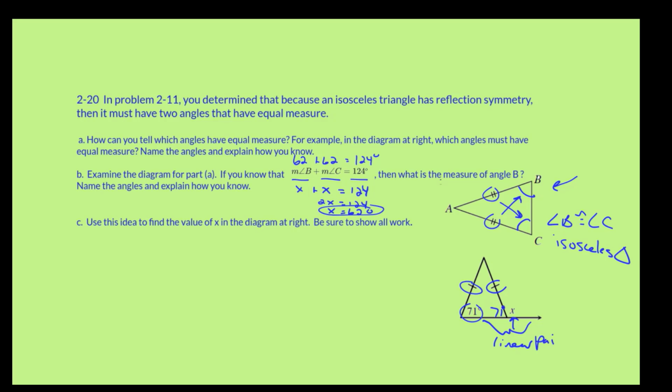Because of that, they are supplementary. So we're going to set up an equation that says 71 degrees plus x equals 180. Then we're going to subtract 71, and that will give us 109. So that means x equals 109 degrees. Okay, so we'll put that in there, 109 degrees.